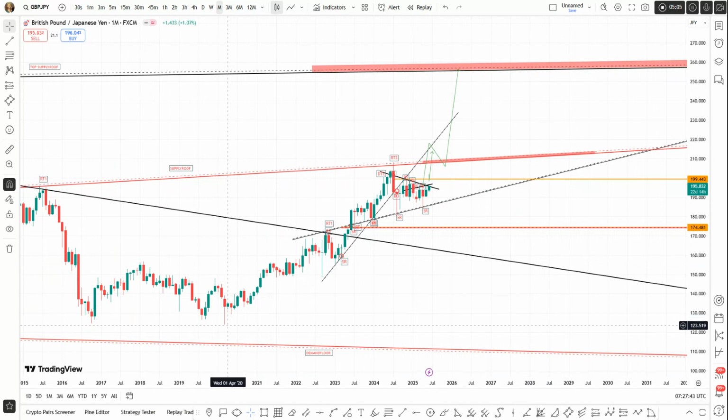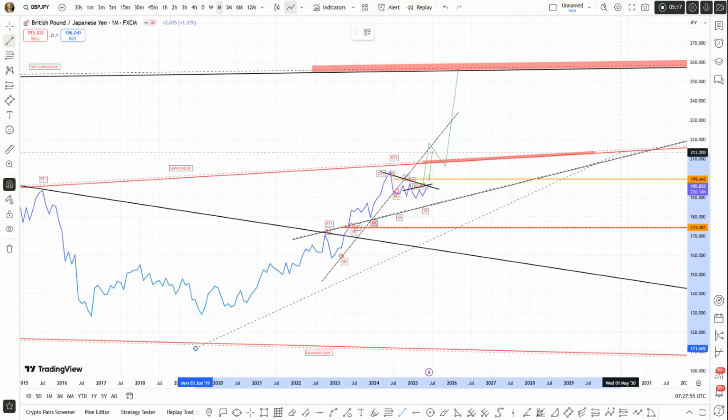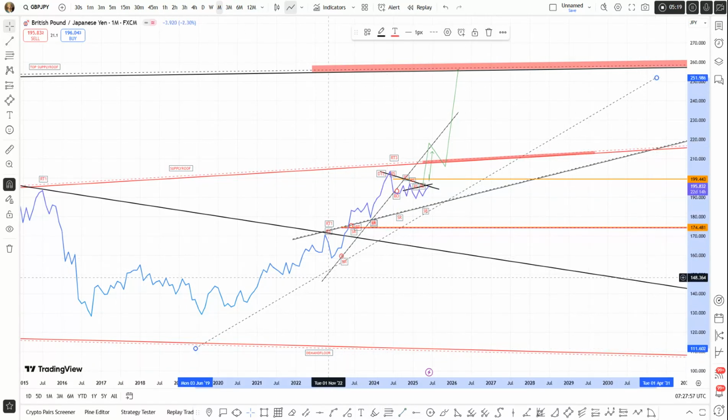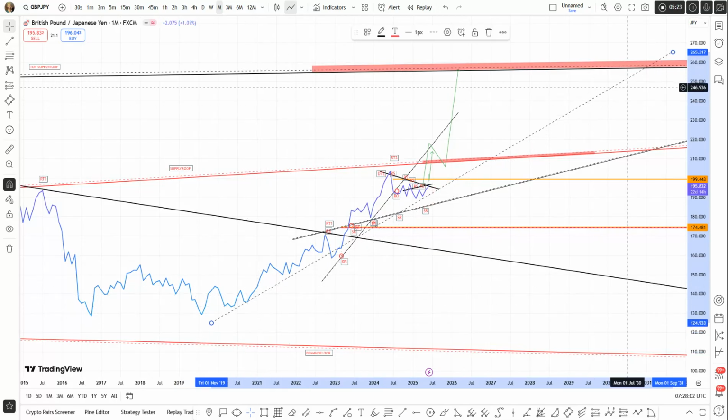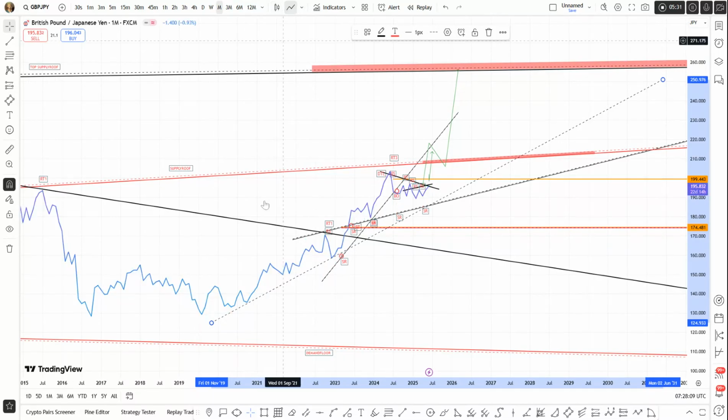And if you look from 2020, the market has been in uptrend since 2020, supported by an ascending trend line on a monthly close. So you can see that GJ has kept that bullish impulse.